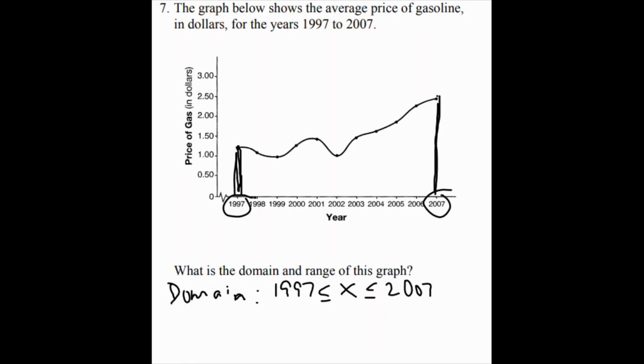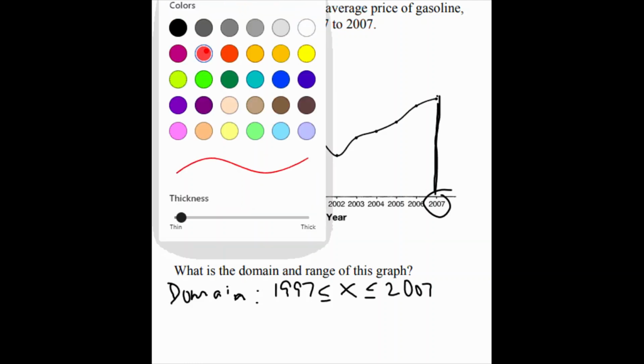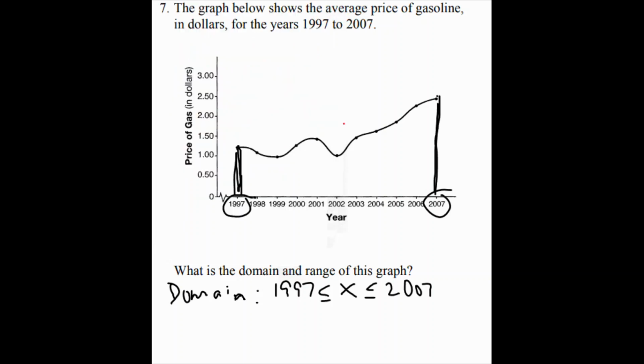Now, to find our range, we're looking for our y values. Go with this color here. And so here, we're going to go with the lowest y value. It looks like at this point, and we go to the left, and we see the lowest price of gas was in 1999, $1. And now the highest price of gas, go all the way to the left, is going to be $2.50.